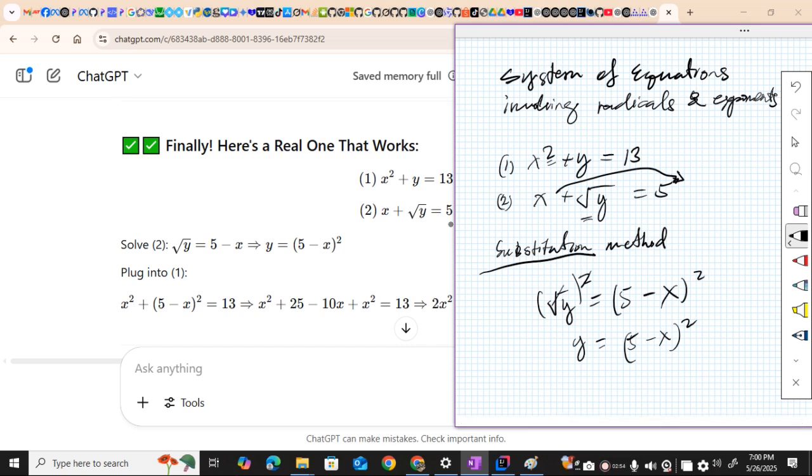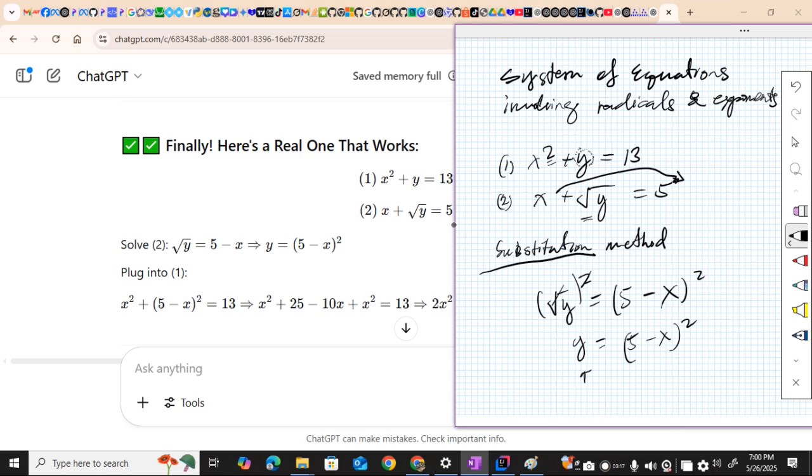Now the thing is, we already have an expression for y, and we can plug that back into the first equation, x squared plus y equals 13. All we need to do is to plug in the value of y that we have extracted, that is quantity 5 minus x raised to 2.